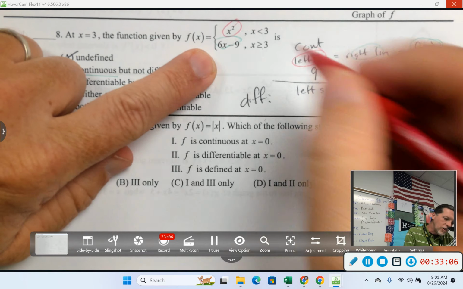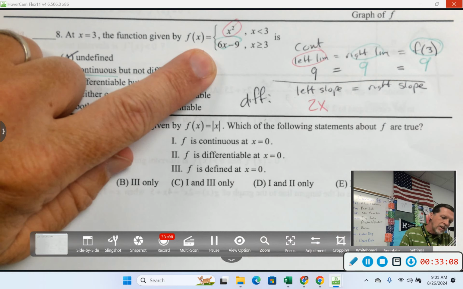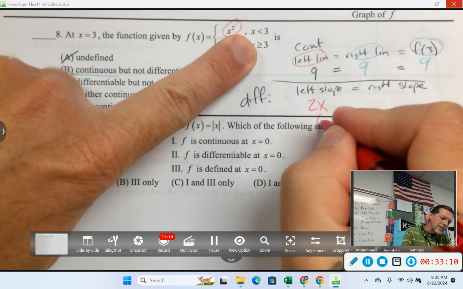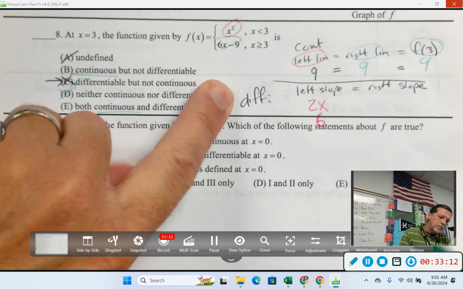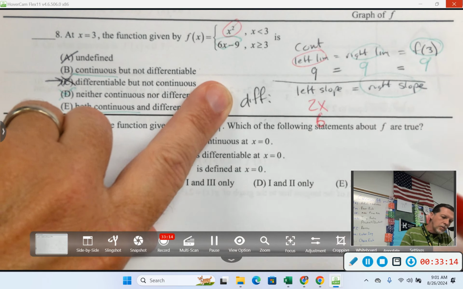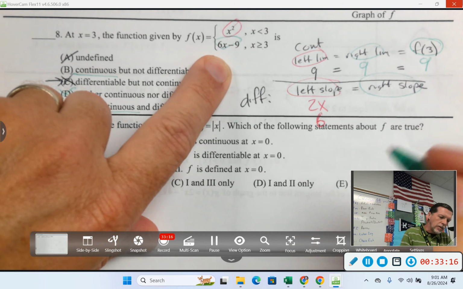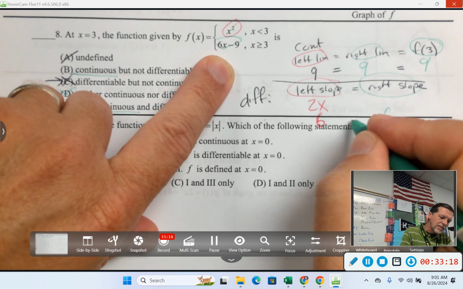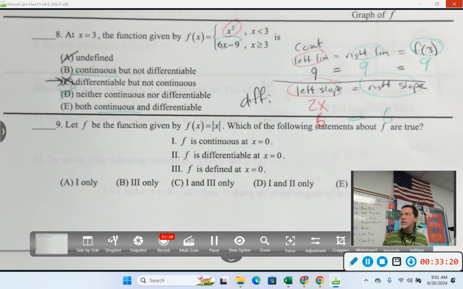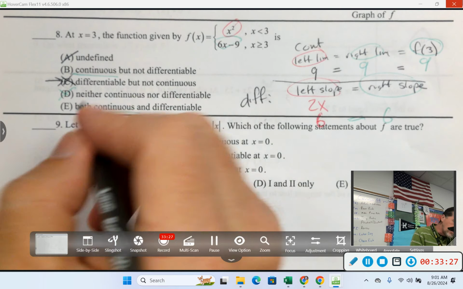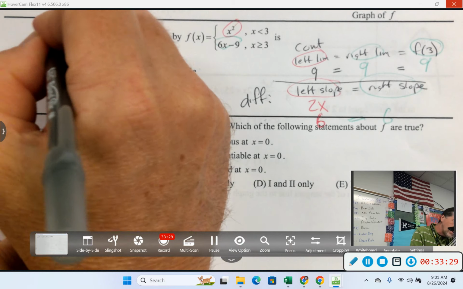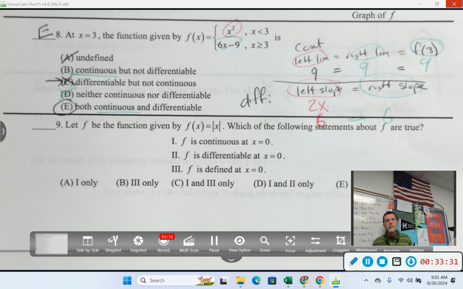So the left slope would be 2x, but when I plug in 3, I would get 6. The right slope, the derivative of 6x minus 9, is 6, and those are equal. So they meet up, they're continuous, and their slope is the same, so it is differentiable. It's a lot of work to answer one of those type questions.